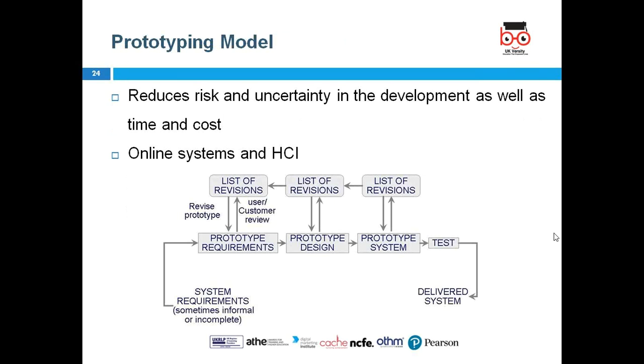Okay. Then there is another, the prototype model. What it does is it reduces the risk and uncertainty in the development as well as time and cost. So it gives the online system and human computer interaction. What happens is you have the system requirements, then after the system requirements, you work on a prototype of the requirement, then design the system, then test it.